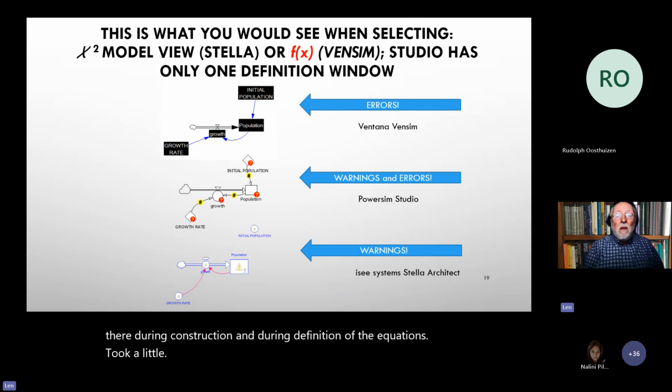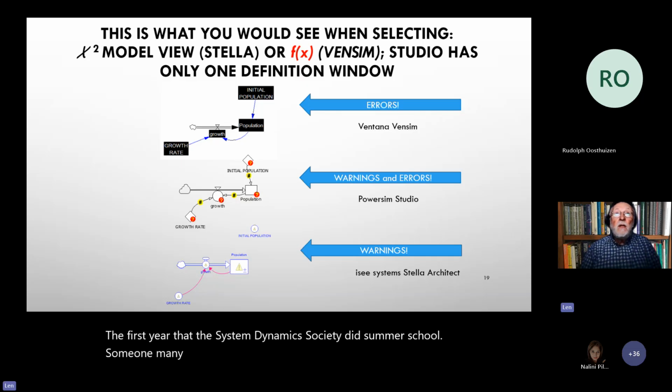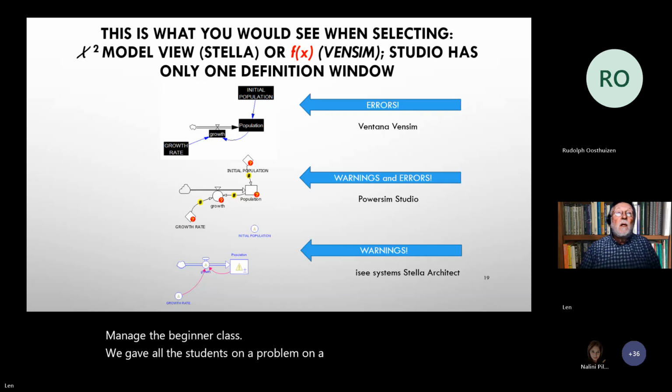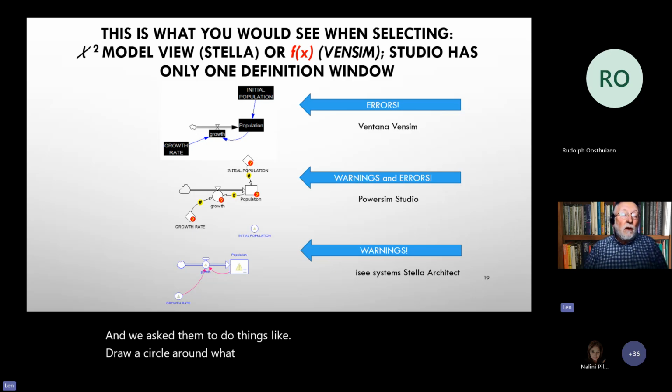So a little anecdote: the first year that the System Dynamics Society did summer school, someone many of you might know, Eric Preutz and I managed the beginner class. We gave all the students a problem on a piece of paper. And we asked them to do things like draw a circle around what you think a stock is, underline what you think a flow is, et cetera.